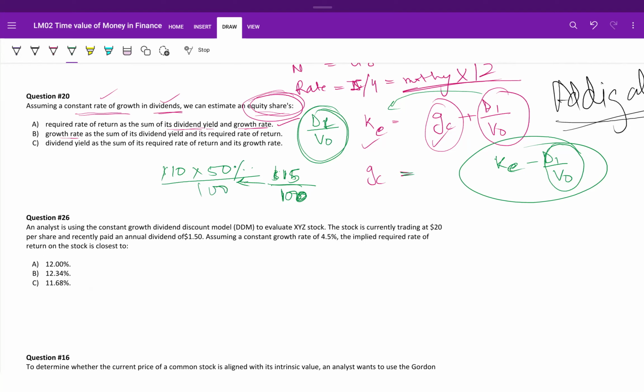So this is how much I will be receiving next year if I pay this. Understand what dividend yield means.